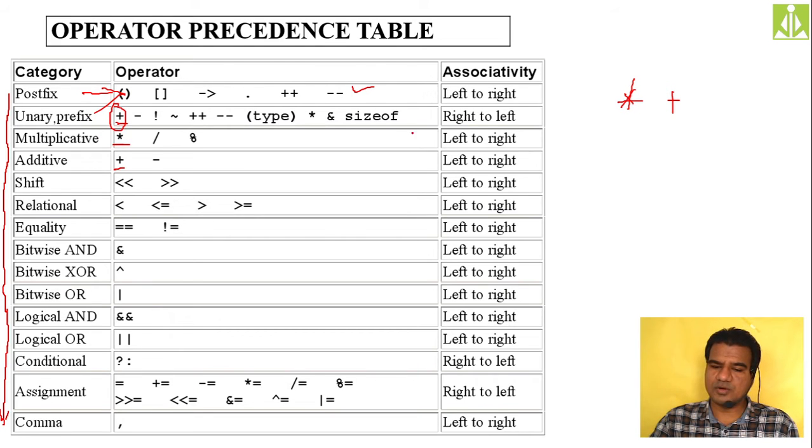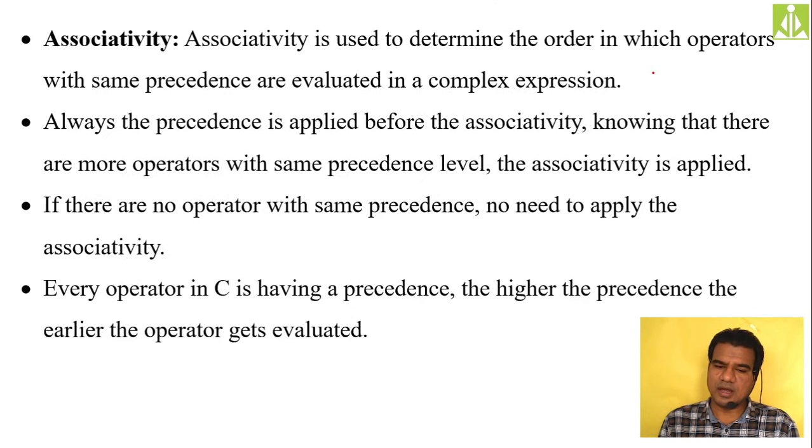Whenever we talk about plus, meaning addition, in a complex expression, if the plus operator is between two operands, it acts like a binary plus, that is, the additive operator. As you can see, multiplication comes before the plus sign, so we need to evaluate multiplication first and then the addition. So this is the concept of precedence.